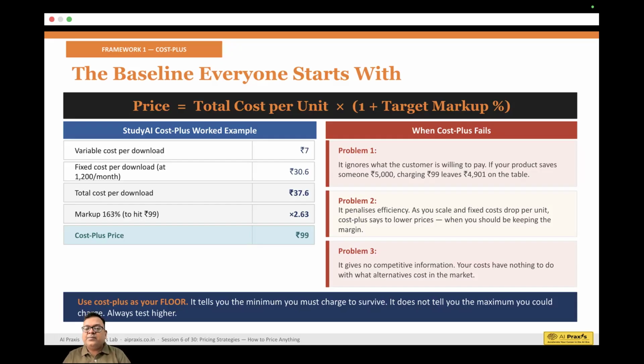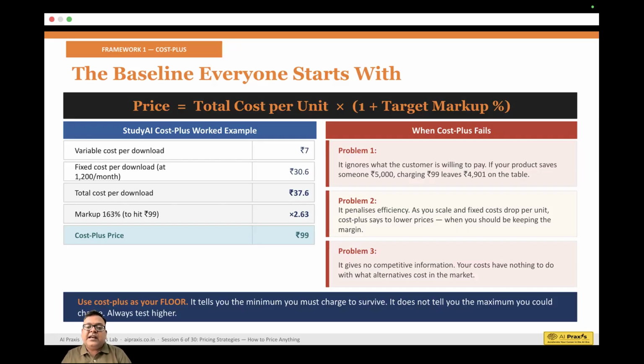So when cost plus fails: problem one is it ignores what the customer is willing to pay. If your product saves someone, let's say 5,000 rupees, charging 99 leaves 4,901 on the table. You could have charged more, and that's the problem.